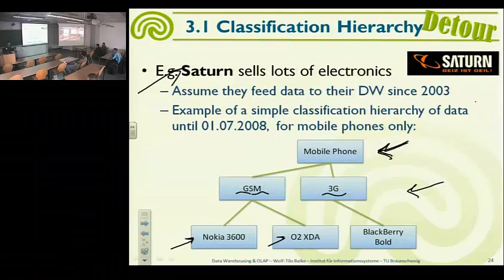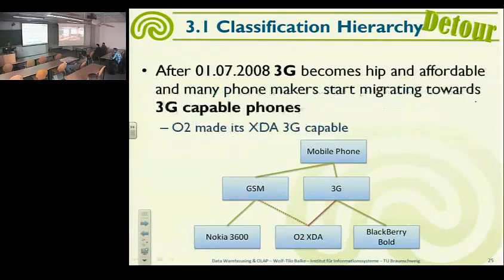Now this worked fine until 2008, when the 3G technology became affordable and everyone could afford it and start using it, everyone started wanting to have internet on their phones. What the phone makers did for the O2 XDA is that it was the same product, however, they enabled the 3G on it.